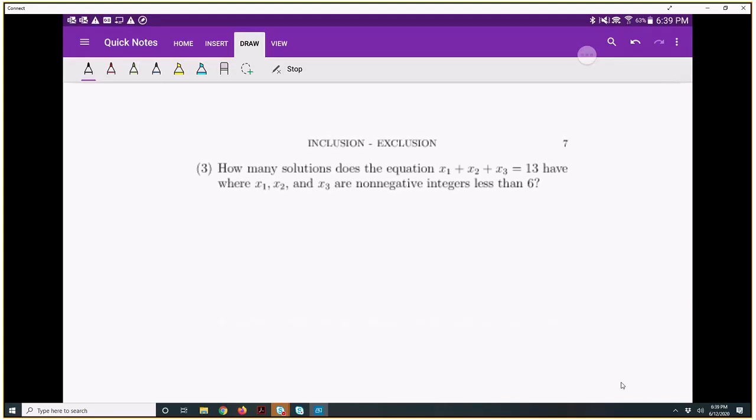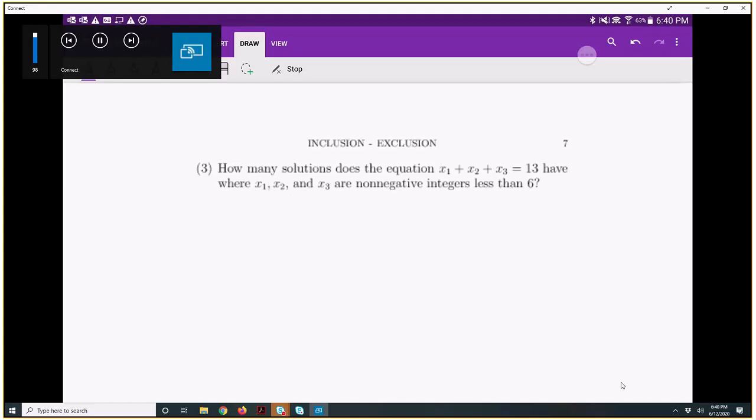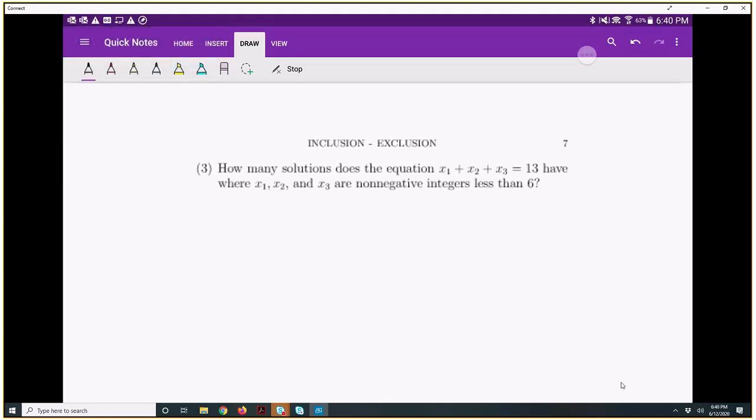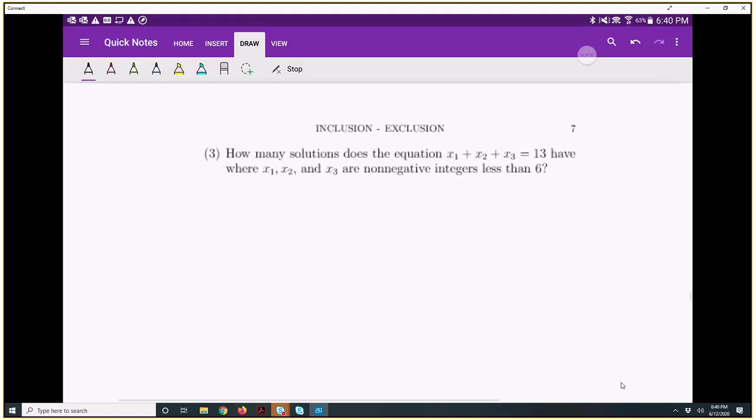Okay, let's do one problem of the type, how many solutions does the equation x1 plus x2 plus x3 equal to 13 have? And we are restricting it so that x1, x2, and x3 are non-negative integers less than 6. We remember that these types of problems correspond to choosing, so we're going to let r equals 13 and n equals 3.